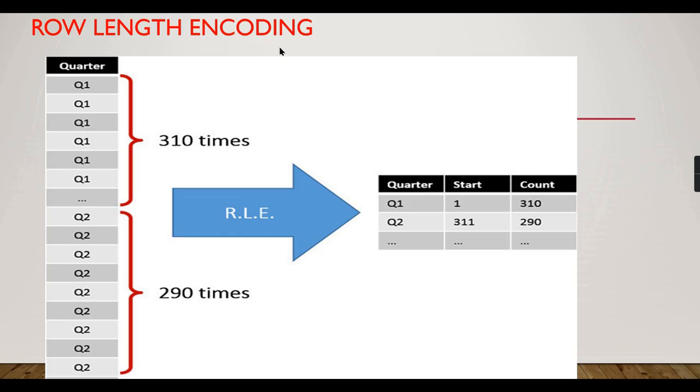Another technique it uses is run length encoding. Like you have repeated values. So what it will do, against each row, it will have some number from row 1 till row 310. The value is Q1. So it will store only this information instead of storing Q1 again and again. Then while retrieving data, the corresponding data will be mapped.